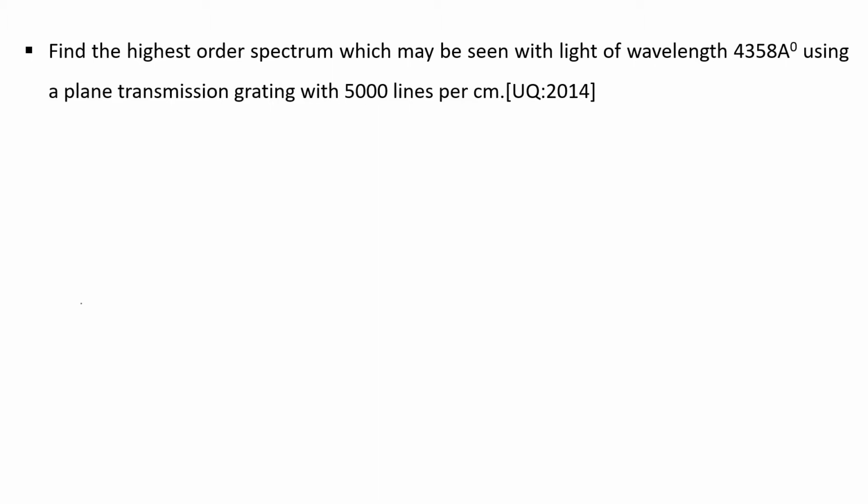Here the data given is the wavelength of light lambda is 4358 angstrom, that is 4358 into 10 raised to minus 10 meter, and the number of lines N is given as 5000 lines per centimeter. That is, we are converting it into meter, that is 5000 into 10 square lines per meter.